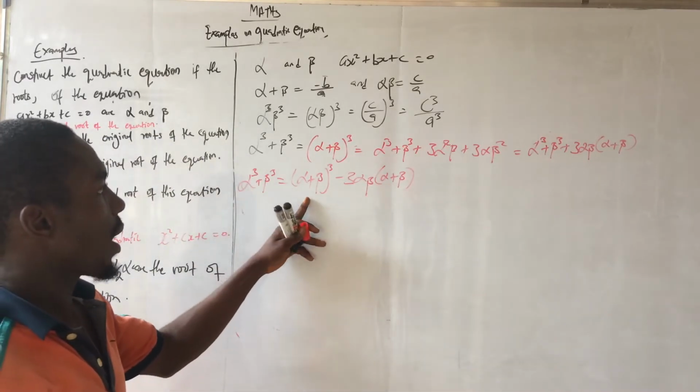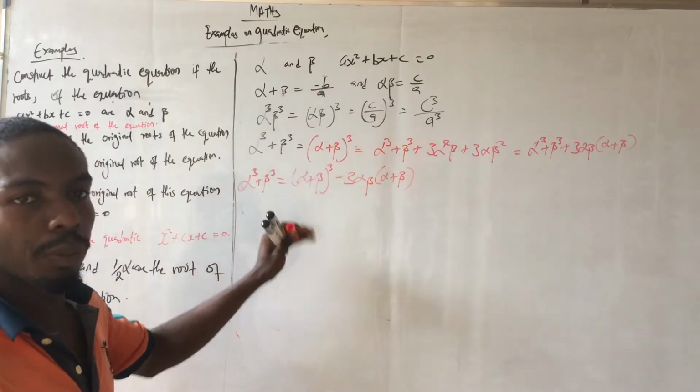Now I have my alpha plus beta, and I'm going to input it here.